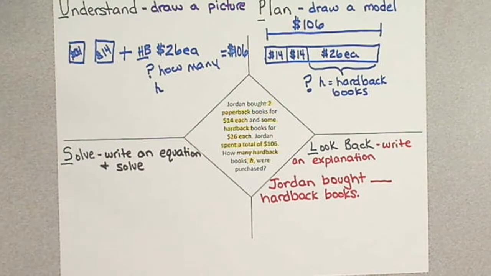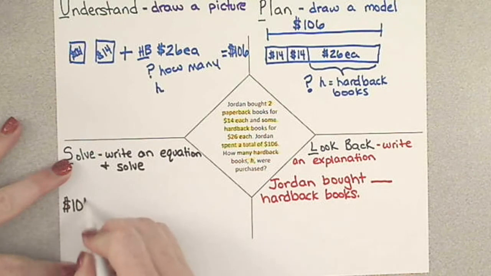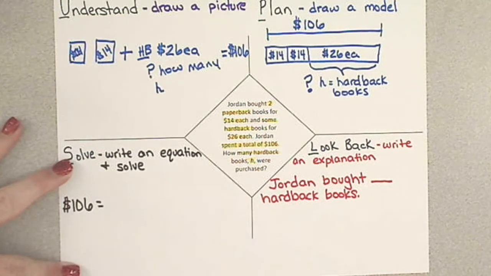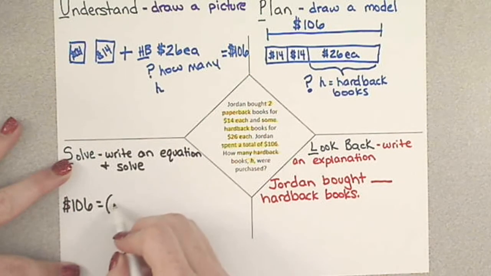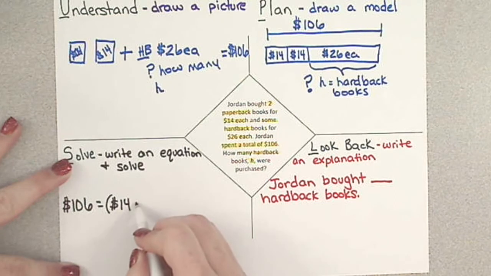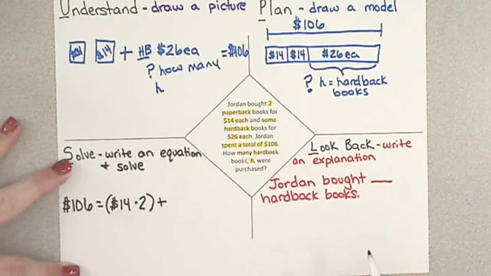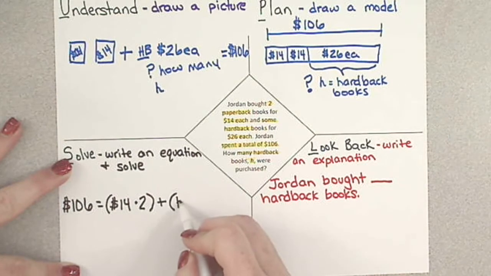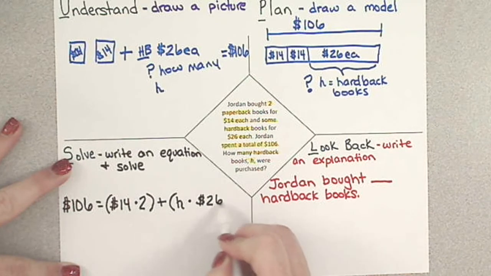I know that ultimately I'm going to have a total of $106, and this equals the 2 paperback books, so I can say $14 times 2 plus, we don't know the number of hardback books, times $26.